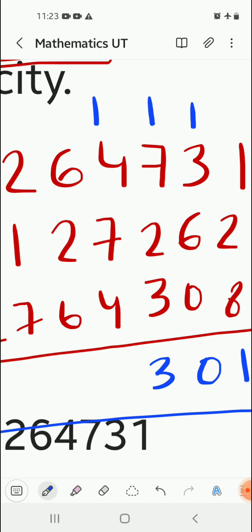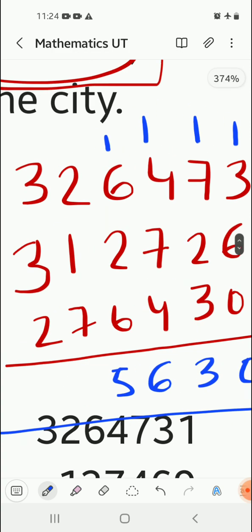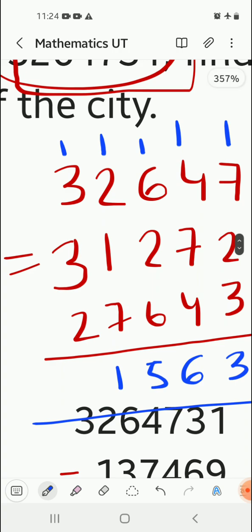So 5 plus 4 is 9 plus 7 is 16. 6 plus 1 is 7 plus 2 9 plus 6 15. Carry. Again 2 plus 1 3 plus 1 4. 4 plus 7 11. 3 plus 3 6 plus 2 8 plus 1 9.